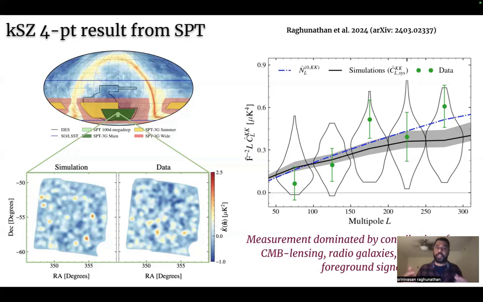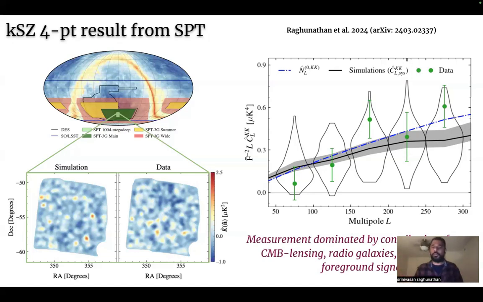If you remember, the quadratic estimator is simply squaring the map: some filtering, weighting, and then squaring the map. When you do this, we also pick up these contaminations, but we can measure them well with sims. So the green points already have this blue line removed. I'm just showing that here, for example.